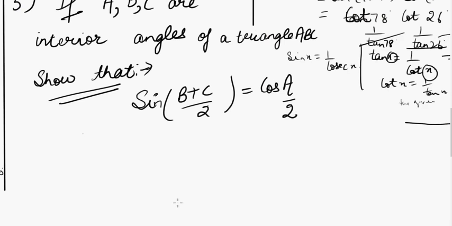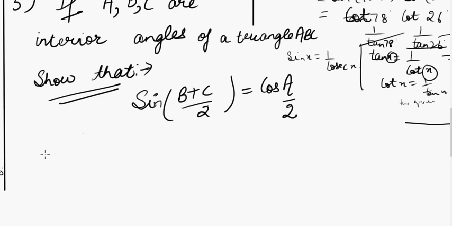Friends, the last question says, if A, B, C are interior angles of a triangle, then show that sine of B plus C by 2 is cos of A by 2. Now here nothing has been mentioned about the right angled point, so we can't say which angle is 90 degree.